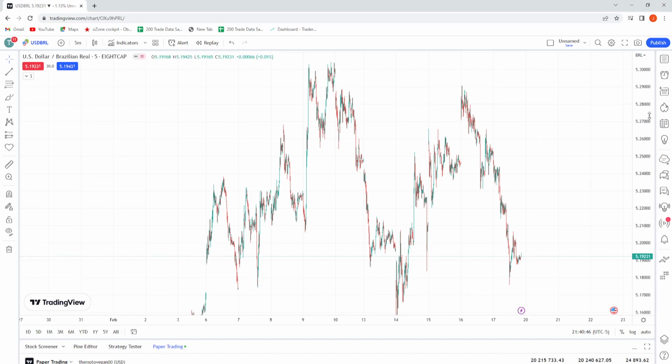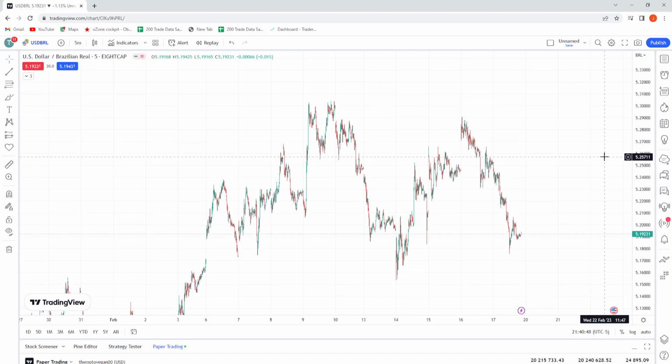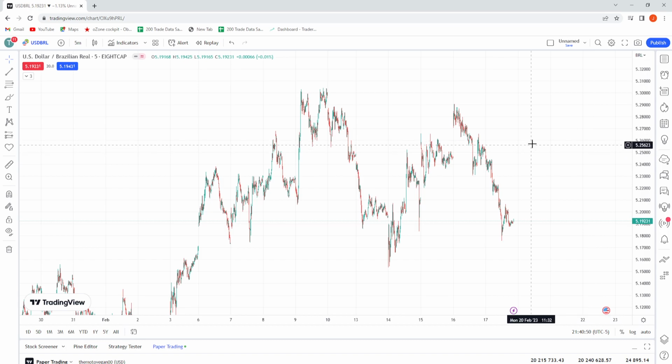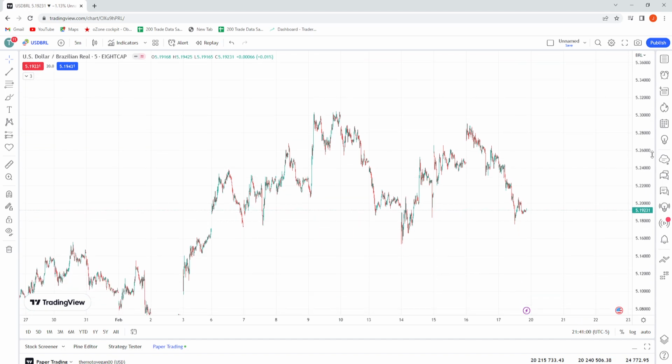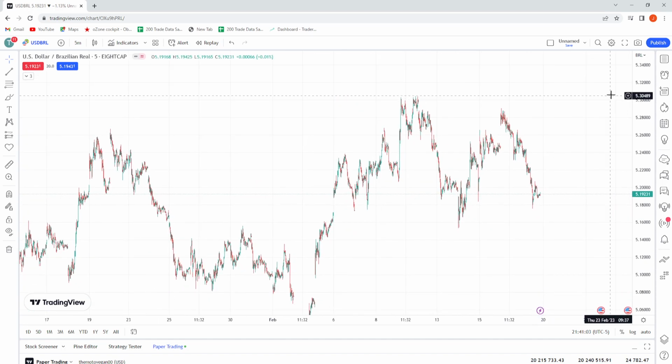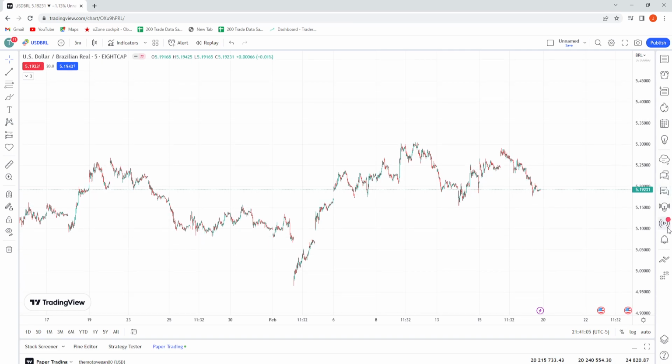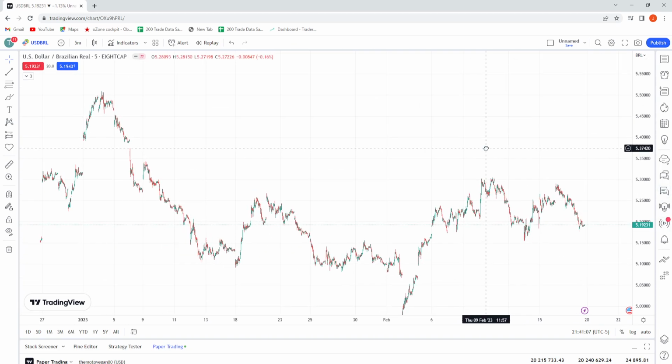I'm not gonna get into specifics of strategy in terms of what I use, but I guess the best way to describe it is I'm basically just looking at institutional order flow.